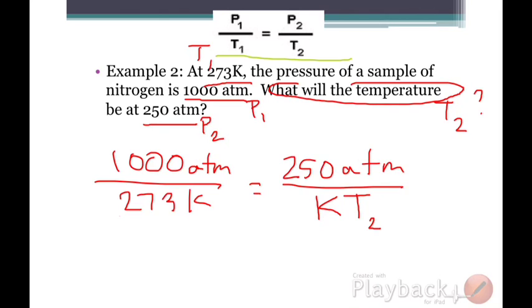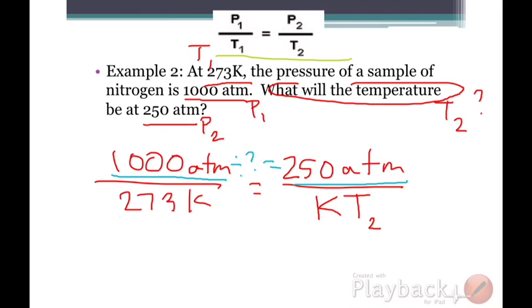We can figure it out based on the relationship between pressure 1 and pressure 2. So here, pressure 1 is 1,000. Pressure 2 is 250. We want to know what's the factor here that changes them. In this case, 1,000 is bigger. So it's 1,000 divided by what equals 250.